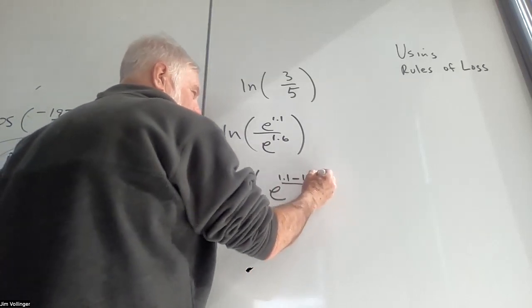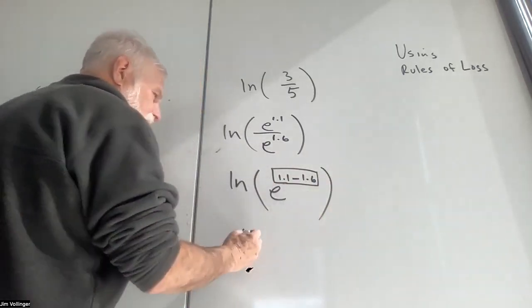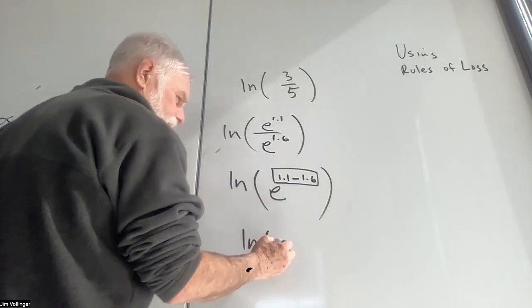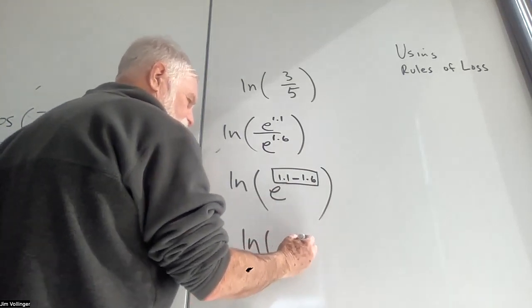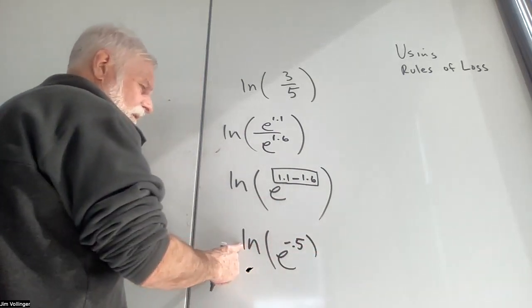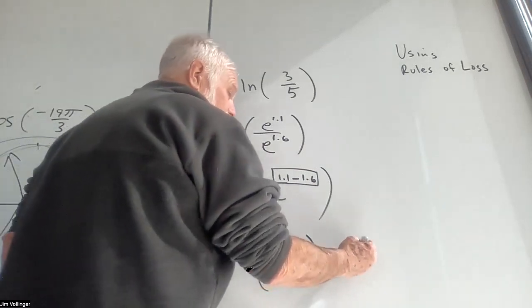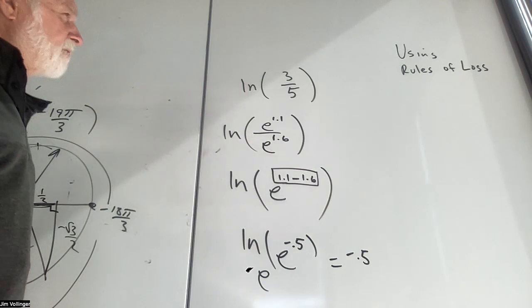And that's where your rules of logarithms are going to come from right there. All right, so that's the ln of negative 0.5. So that's the ln of e to the negative 0.5. And this is asking, what do you put on top of e to get e to the negative 0.5? Negative 0.5.